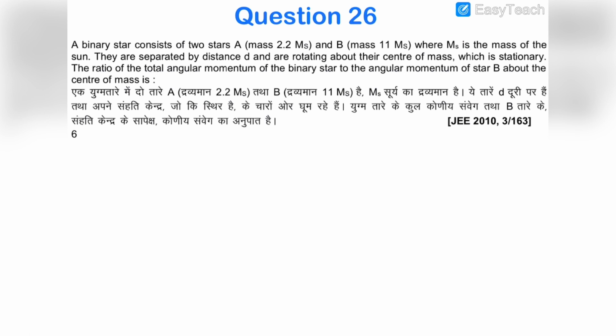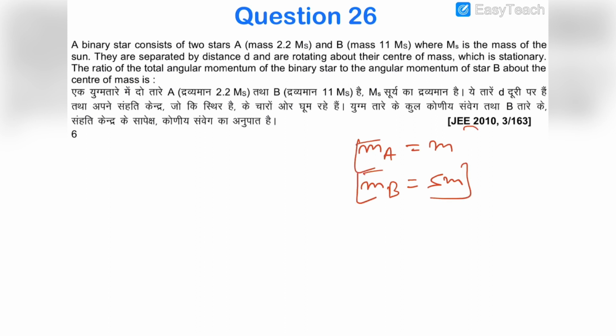First of all, let us suppose the mass of star A is M, then the mass of star B is 5M. You can see that 2.2 into 5 is 11.